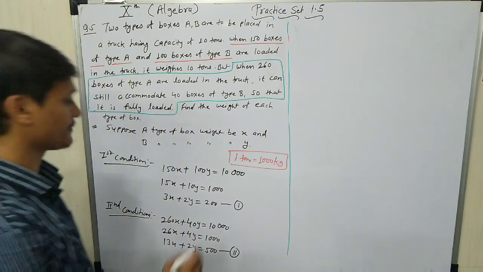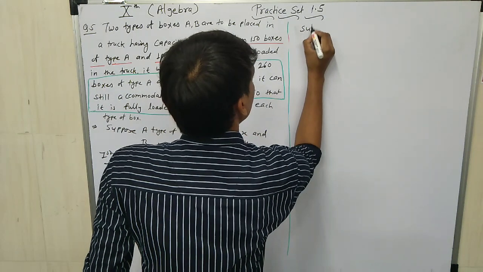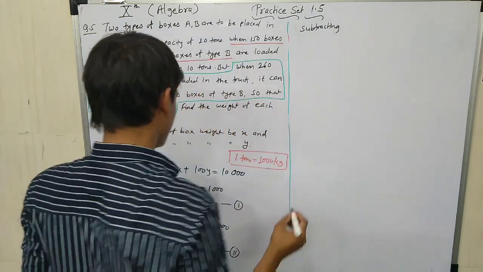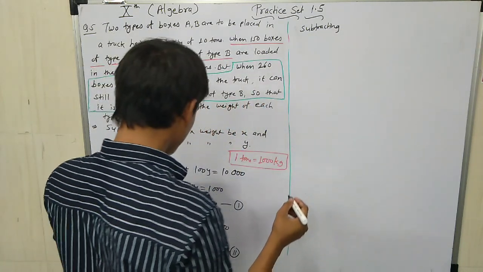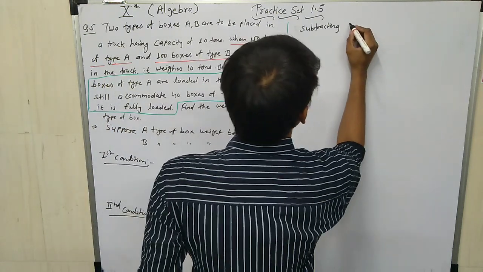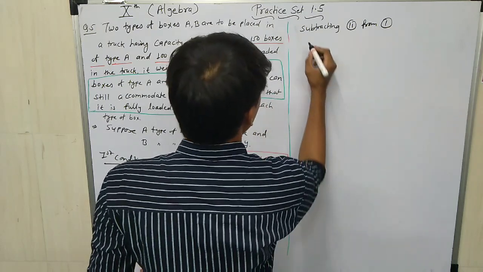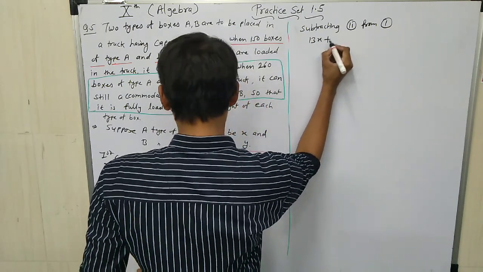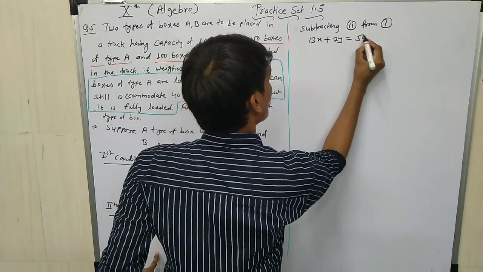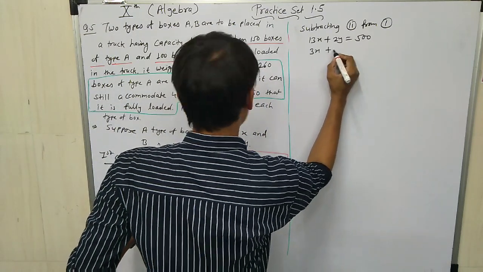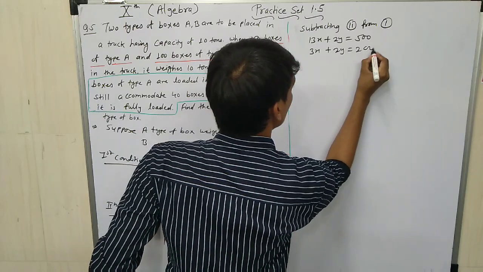We are subtracting the first from the second. What is the second equation? 13x plus 2y is equal to 500. Now the first condition, 3x plus 2y is equal to 200.